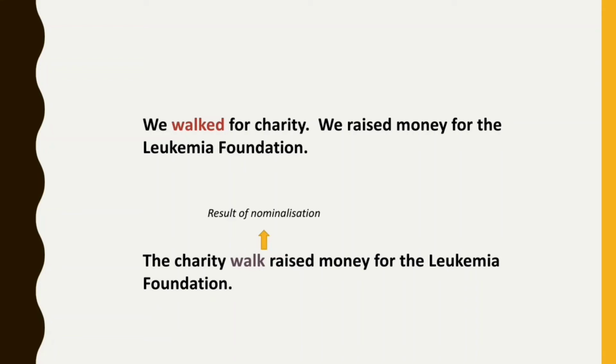So walk is the result of nominalization, and walked is the verb replaced. As you can see from the example, when a verb is nominalized, it becomes a concept rather than an action. Therefore, the tone of your writing will sound more abstract and also more formal.